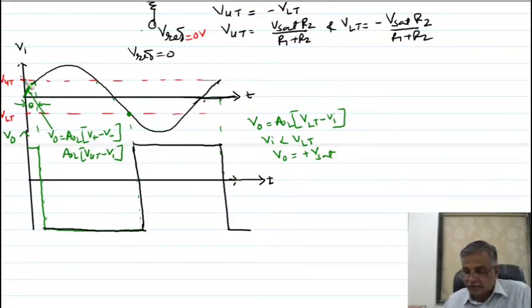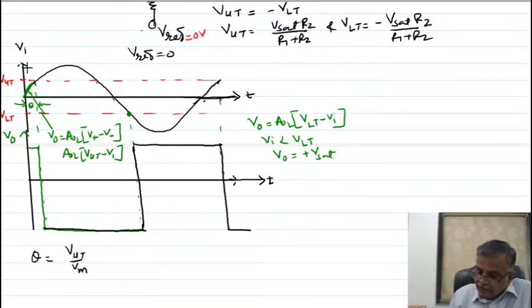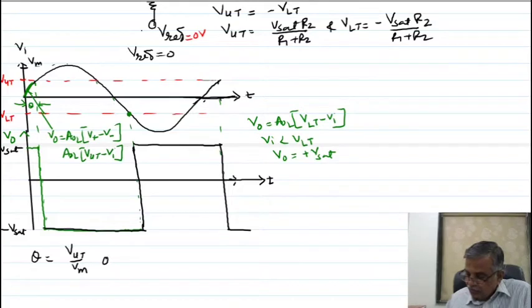But the vertical edge of the square wave does not occur when the input signal passes through zero, but it is shifted by phase theta as shown in the figure, and this theta you can find with the help of this equation, where Vm is the peak of the input, and theta is nothing but VLT upon Vm.